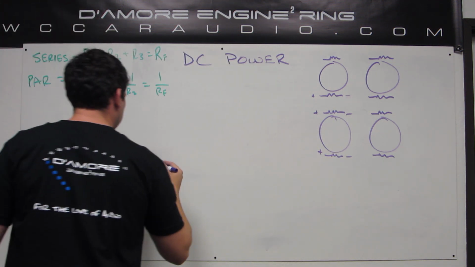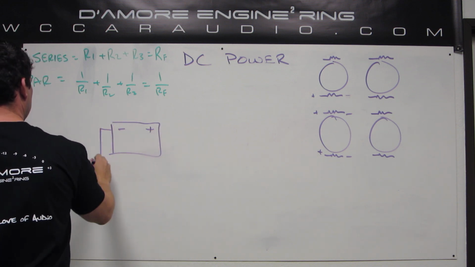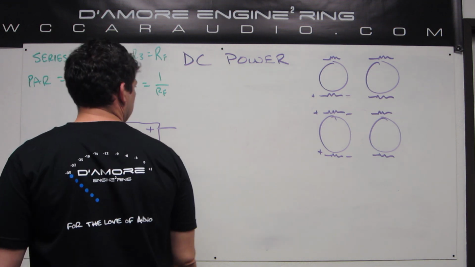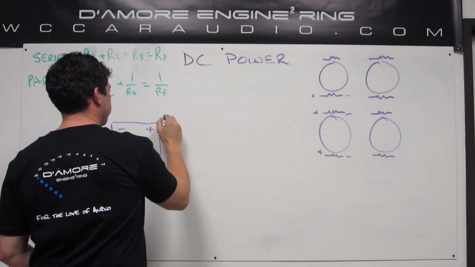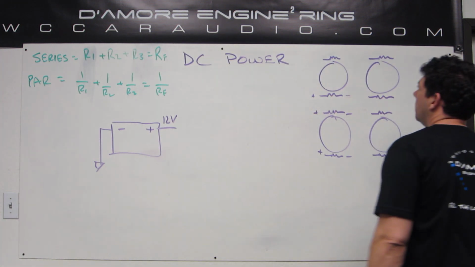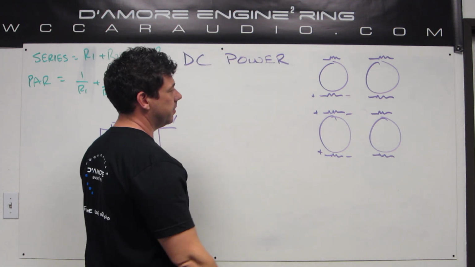Well, we're doing DC, so I'm drawing a battery, not an amplifier. So here's our battery. And let's say that it's putting out 12 volts. And we want to see what happens here if we series up the voice coils.